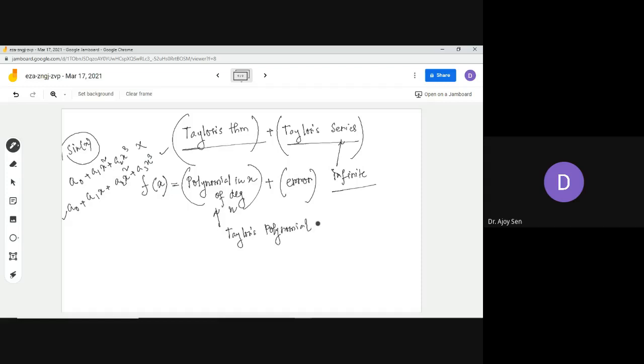This is the thing which is called Taylor's polynomial. So what is the form of Taylor's polynomial?